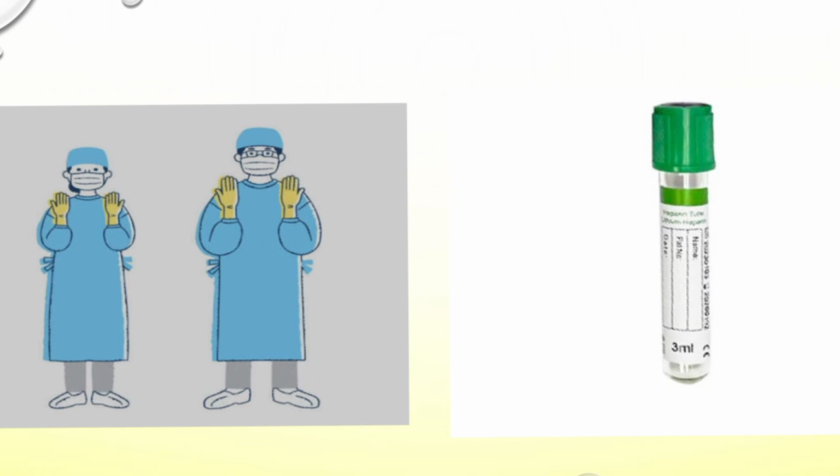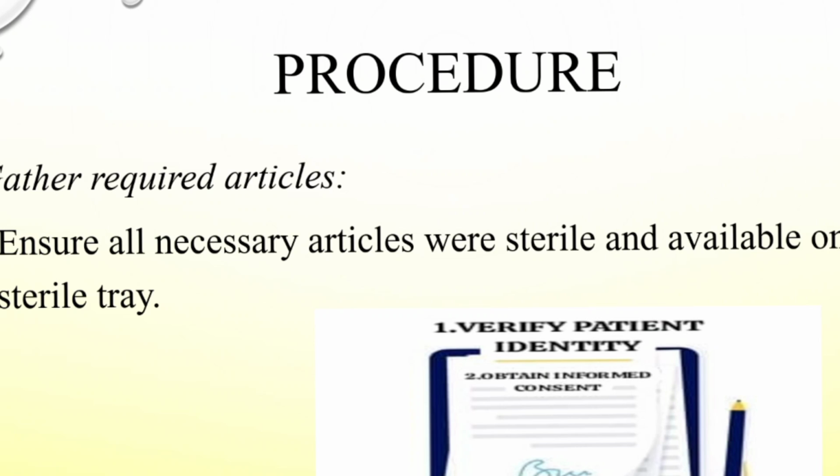So these are all the articles. Now coming to the procedure: at first we'll gather all the necessary sterile articles. We need to prepare two trays, one for the sterile articles and the other for the clean articles. Then we need to verify the patient identity.